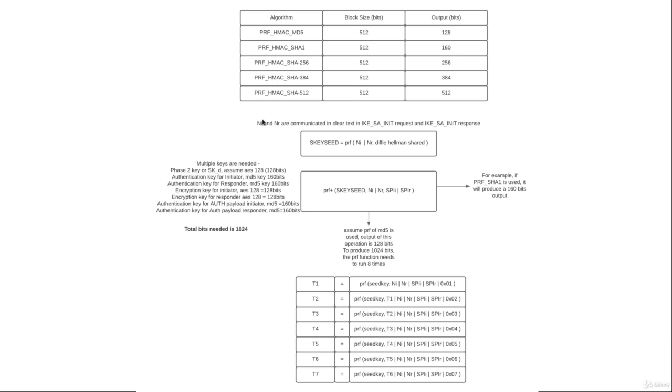So, what IKEv2 does is it basically produces the seed key. The seed key is produced based on the Diffie-Hellman shared key. That key cannot be calculated by an eavesdropper. The seed key is produced by running the pseudo-random function against the Diffie-Hellman shared key, using nonce initiator and nonce responder as the key.